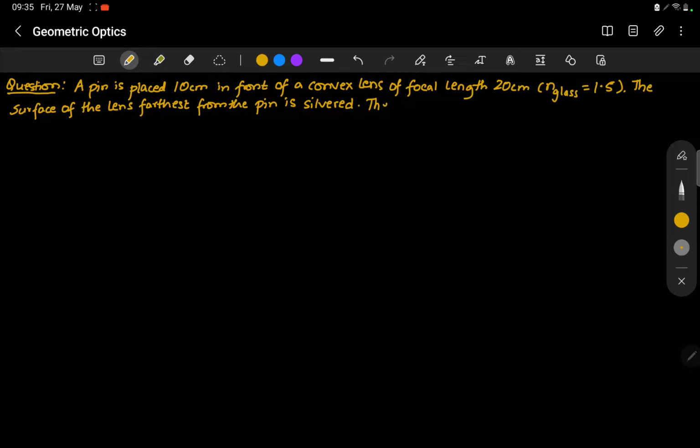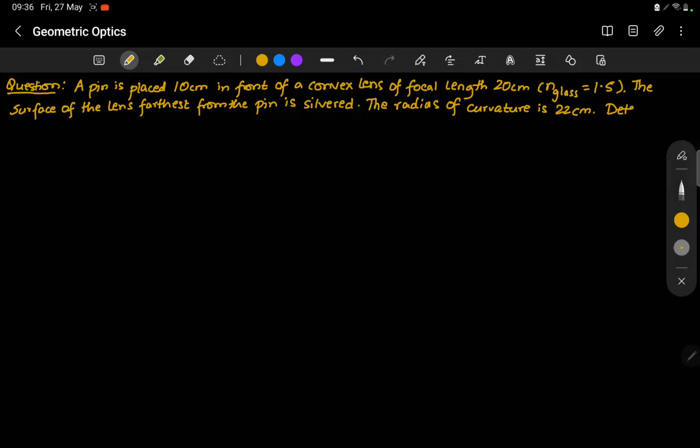The radius of curvature is 22 centimeter.